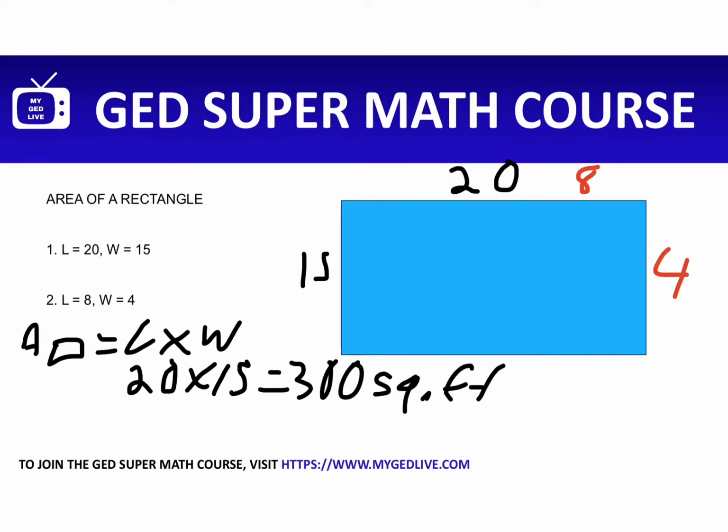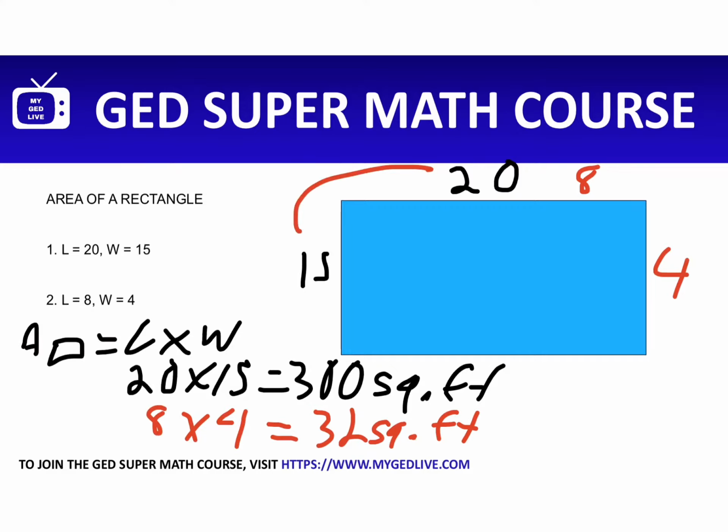The second one, 8 times 4, would be 32 square feet, right? So when you're multiplying the length times the width, area is always expressed as square feet or square inches or square whatever unit of measurement we're talking about.